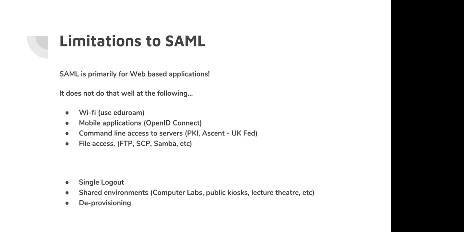Running in shared environments, where you've got computer labs, public kiosks, lecture theatre podium machines that are shared by many users, is also a difficult thing that needs to be considered in a single sign-on environment. So these are more issues about single sign-on rather than just SAML. Having single sign-on means that the user's browser is connected to many services with a single username and password that they enter.